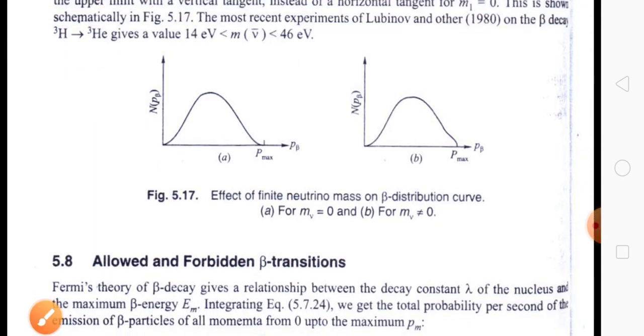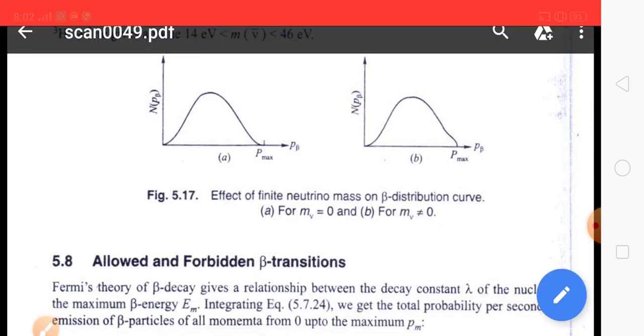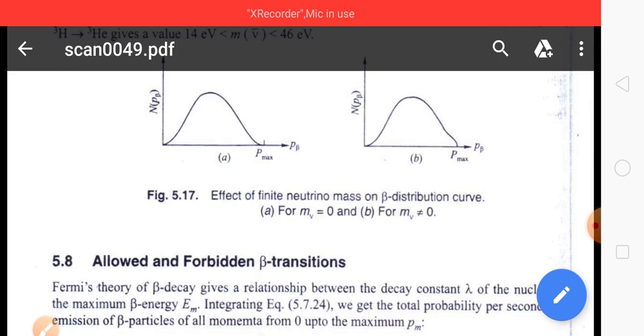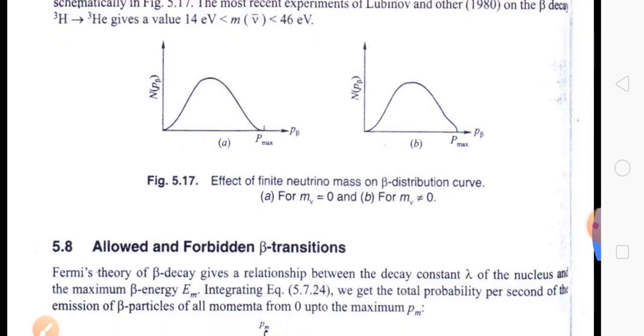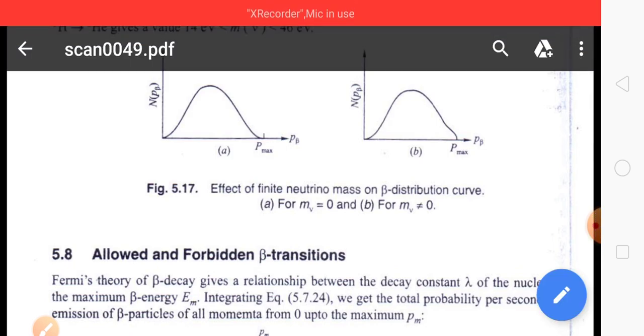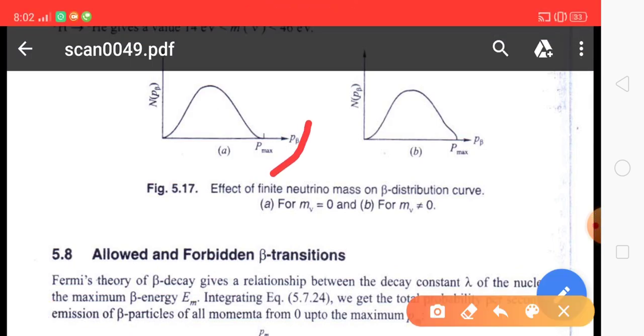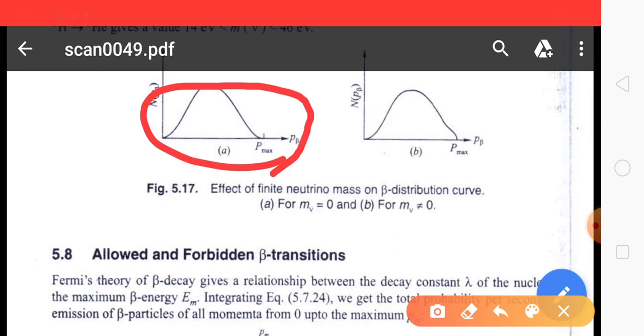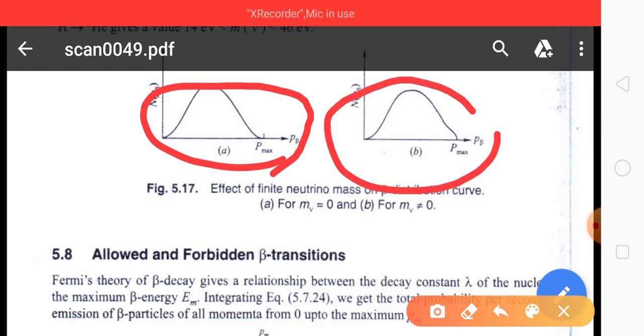See the effect of finite neutrino mass on the beta distribution curve. This is for the neutrino mass equal to 0 and this is for the neutrino mass not equal to 0. So you can see the difference here.